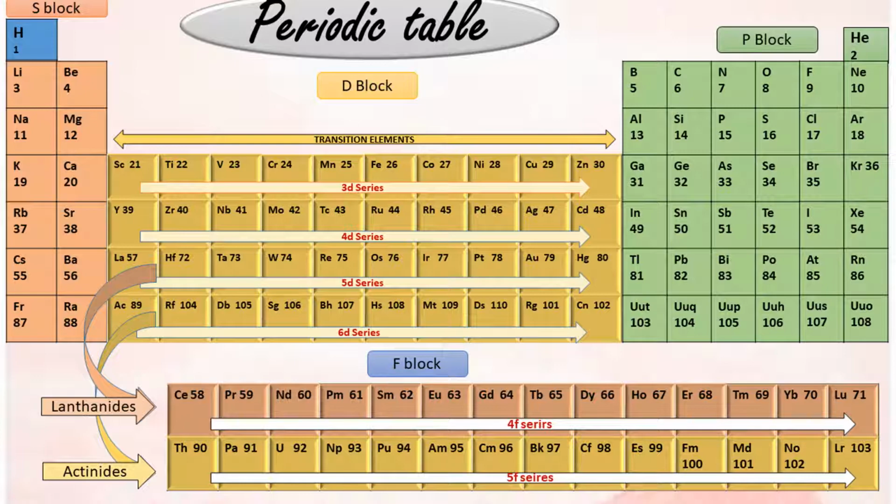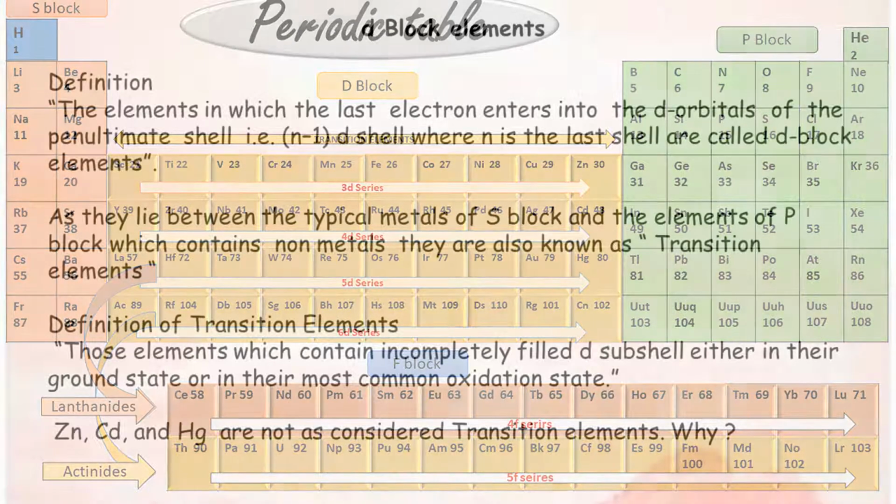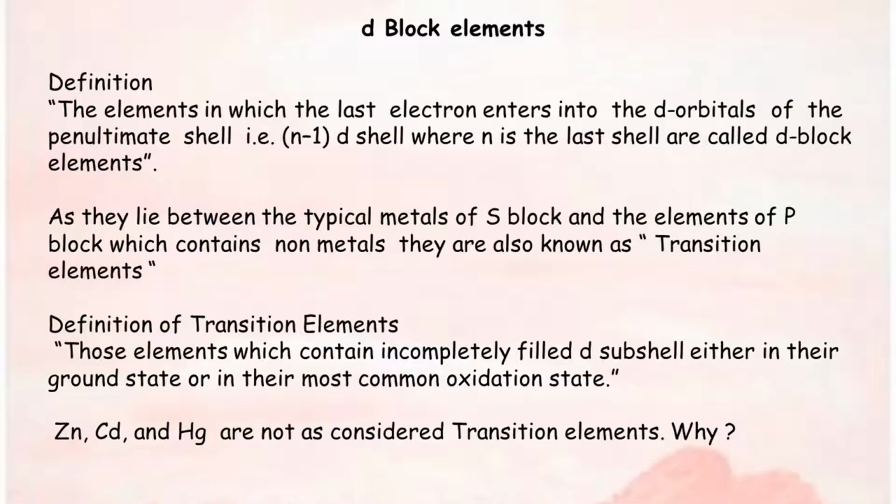In case of D block, if n is the last shell, then the last electron enters the (n minus 1) D subshell, that is the penultimate shell. Okay, that is why D block and F block elements show horizontal similarity.